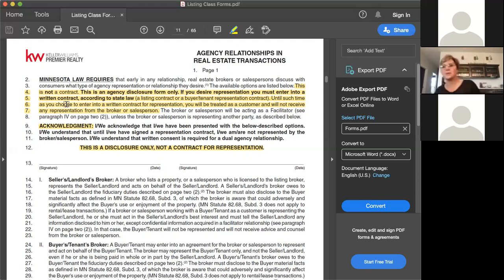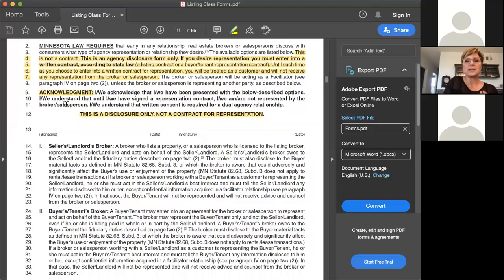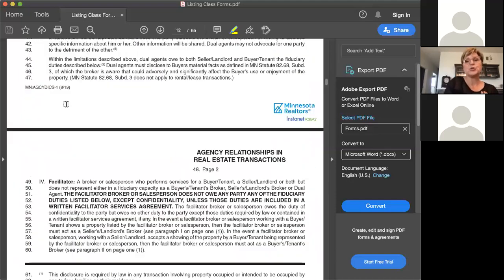So when I present this form, I actually just say, hey guys, now that we're getting serious in our discussion here about wanting to sell, I need to go over this form with you. It is a disclosure only. The state of Minnesota requires that I go over the different types of relationships that you can have with a licensed agent or a licensed brokerage. So I need to go over those with you. And I actually like to start on page 2.